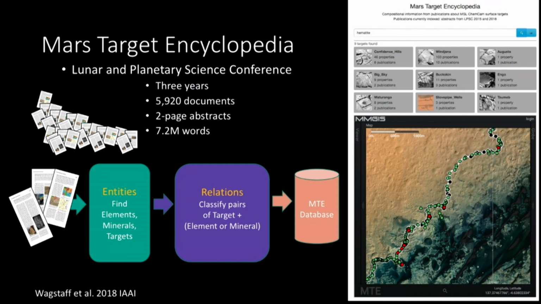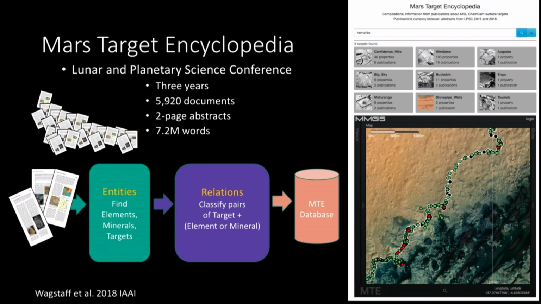The Mars Target Encyclopedia uses artificial intelligence to study large numbers of scientific articles and figure out which concepts are interrelated. For example, target locations on Mars, and elements or minerals, science topics.